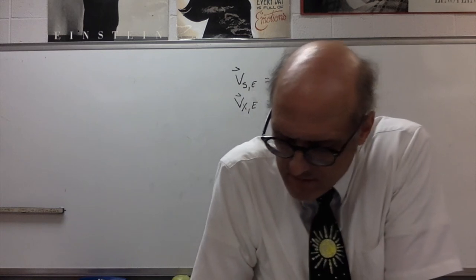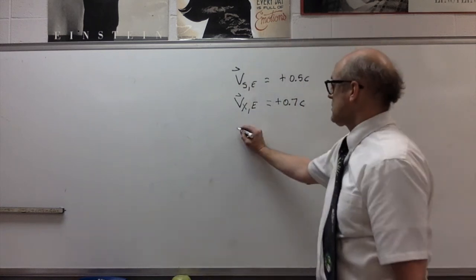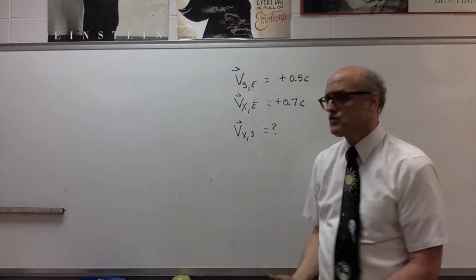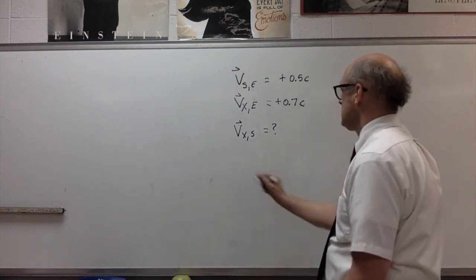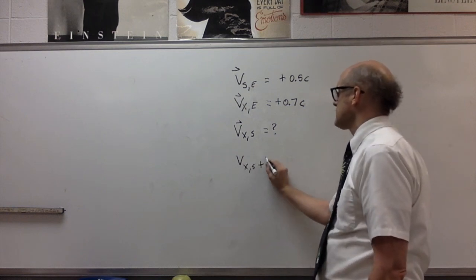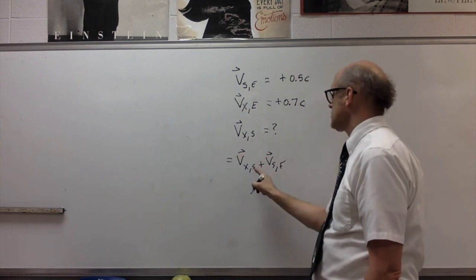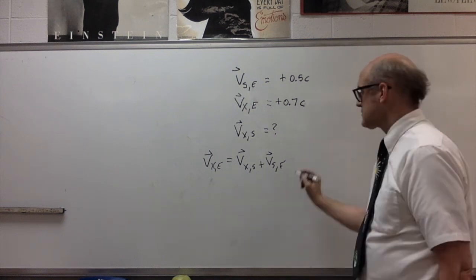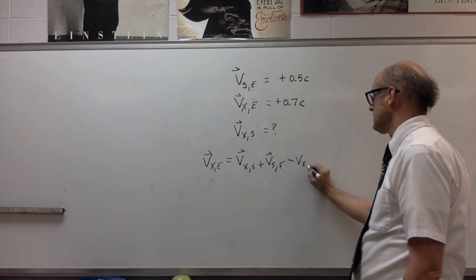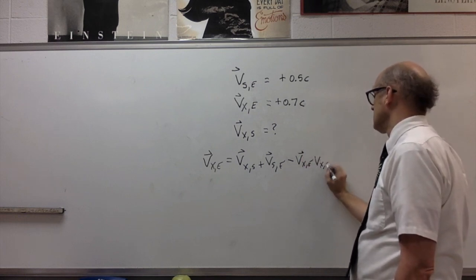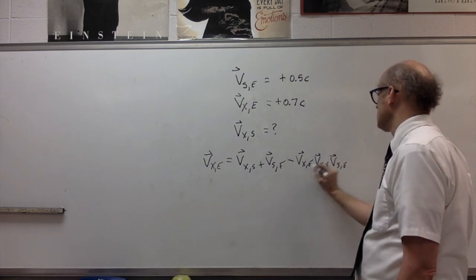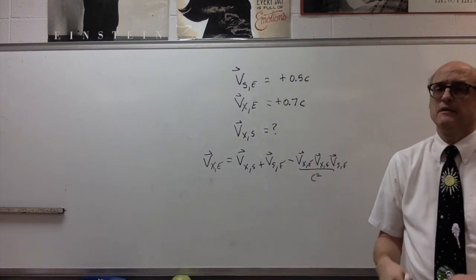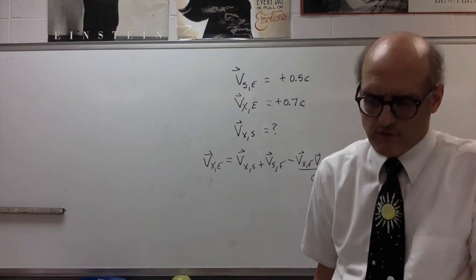And they want to know what is the speed of the exploration vehicle relative to the spaceship. So we're looking for VXS. So I'm going to start out with the Galilean transformation. So I can write that VXS plus VSE is equal to VXE. And then I have to take into account relativistic effects by subtracting out the product of the velocities over the speed of light squared. And then the next step is to solve for VXS, like I did. Very similar, I should say, to the previous problem I went over, number 30.